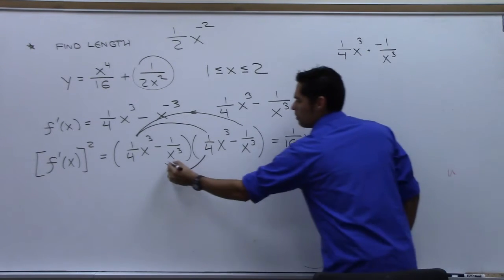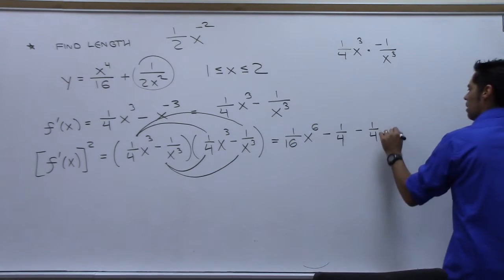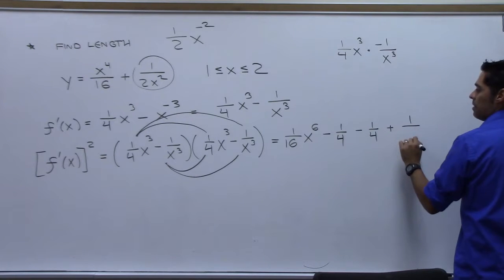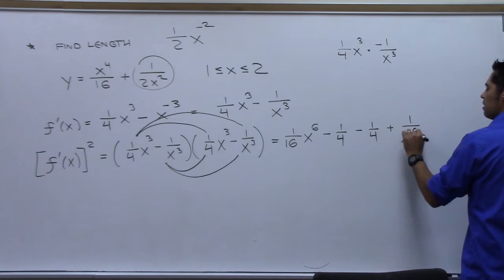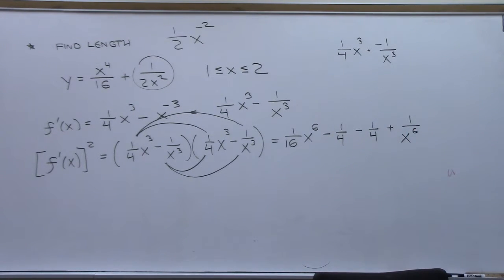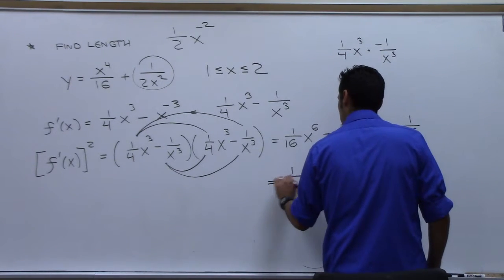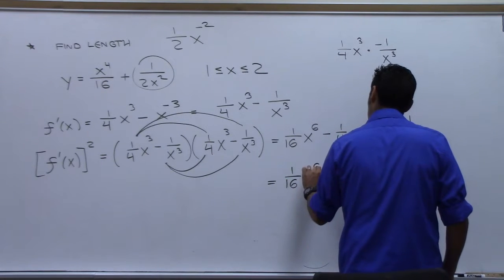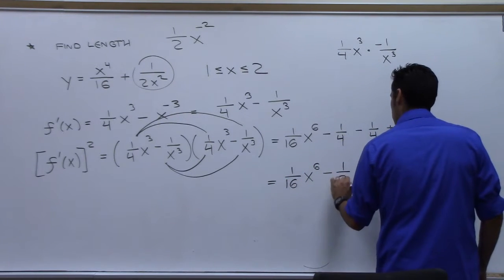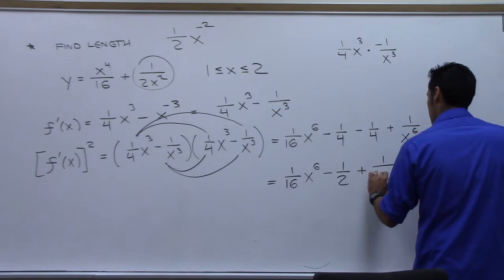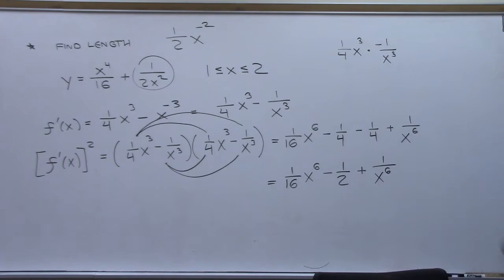And the outer multiplication is positive, 1 over x to the 6th, or x to the negative 6. You can do it either way. Negative 1/4 minus 1/4 is negative 1/2. So I'm cleaning this up as much as possible: 1/16 x to the 6th minus 1/2 plus 1 over x to the 6th. It really doesn't matter what order we put these in. There's your derivative squared.